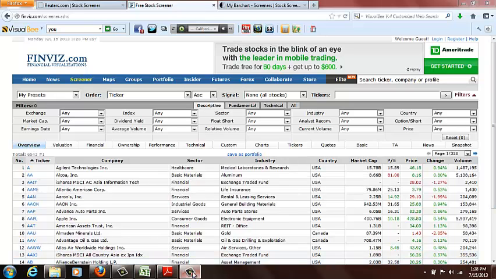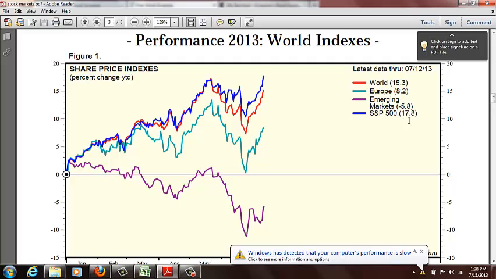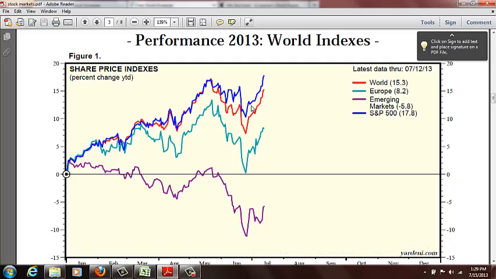17.8% return so far. Okay, so for those of you that are interested in the stock market, I'm going to send you this PDF file explaining a little bit about different world indexes. In this case about the stock market, for example the S&P, which is up to date July 15, 2013, is 17.8%, and as we can see in here it is the highest return compared to the world indexes.